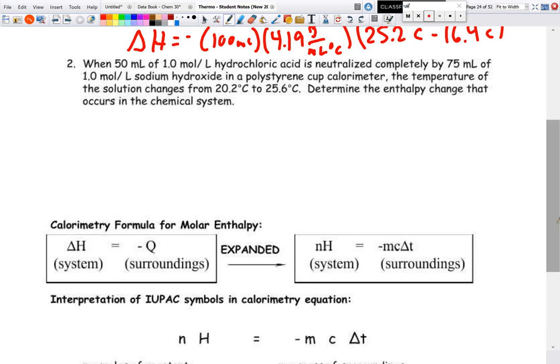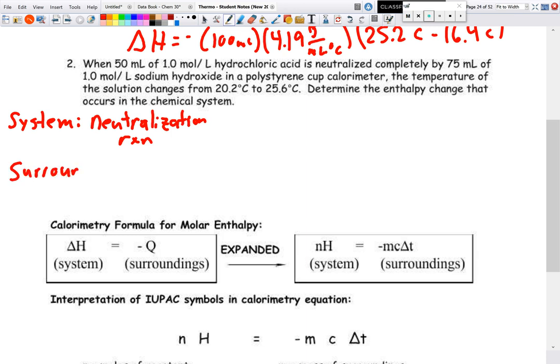Now, obviously, when we start writing our stuff down, we have our system, and this is the neutralization reaction, and our surroundings is our solution.